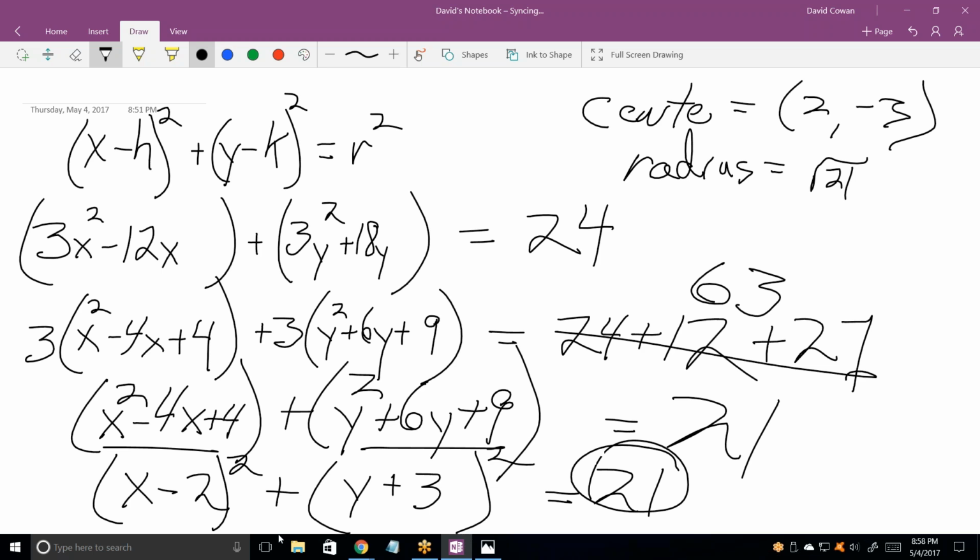That's r squared. And the center and the radius are the only two things you ever need to know about a circle. There is nothing else about a circle that is important other than its center and its radius.